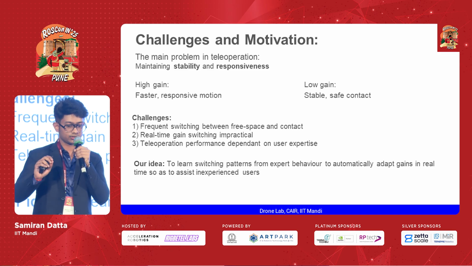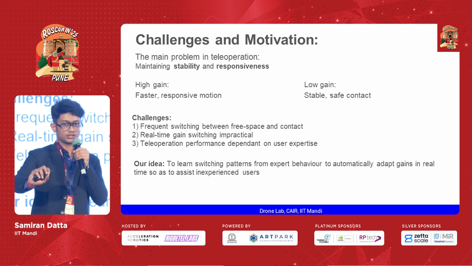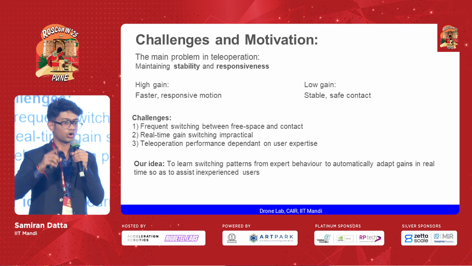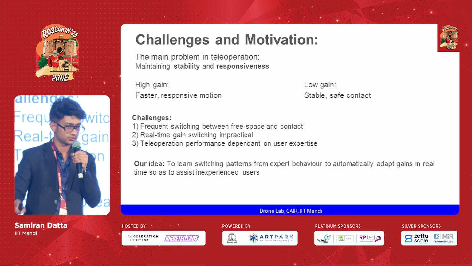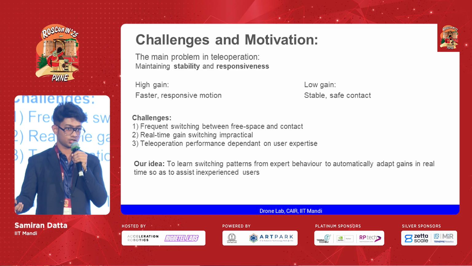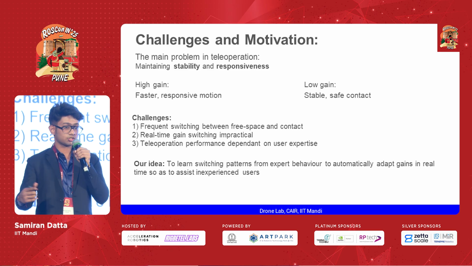So if the operator is moving the master robot a certain distance, the teleoperated robot will take a longer time to cover that same distance. High gain, on the other hand, is fast and more responsive.